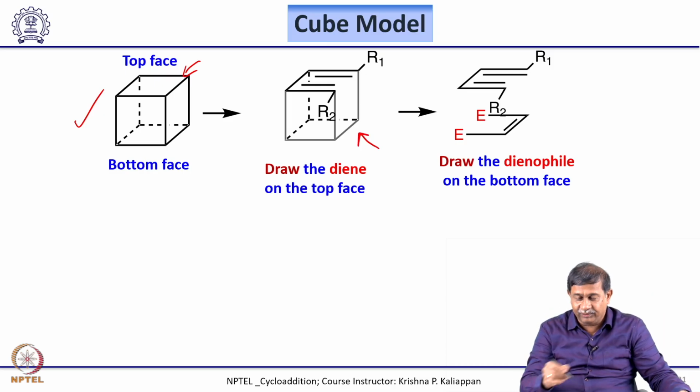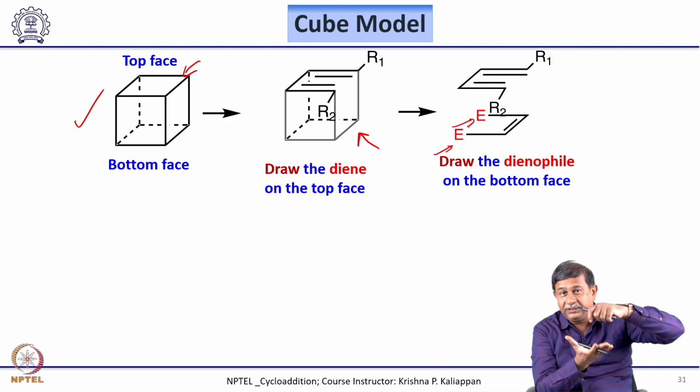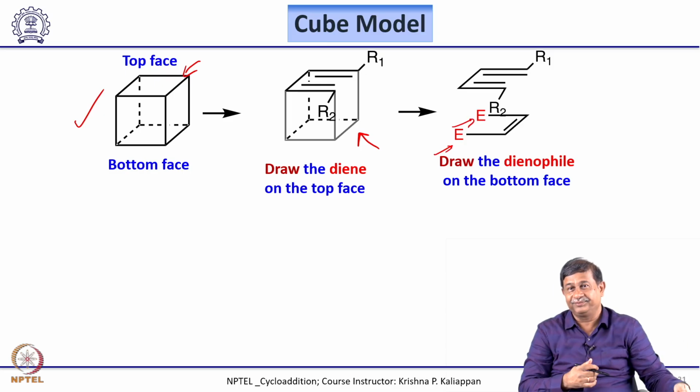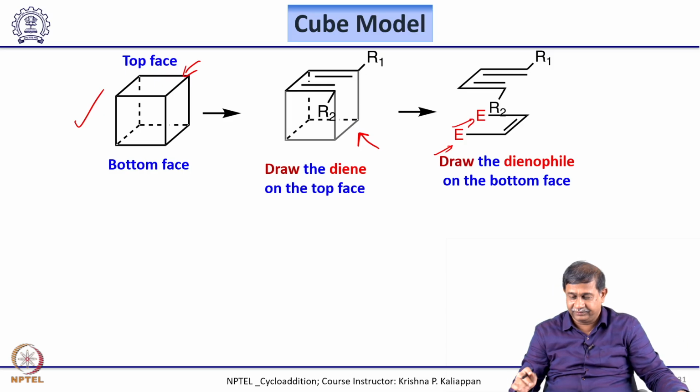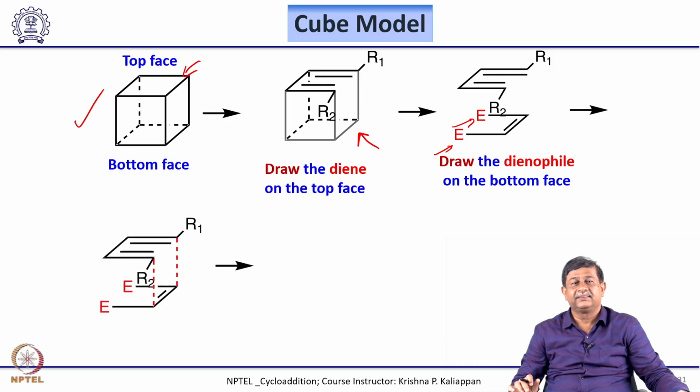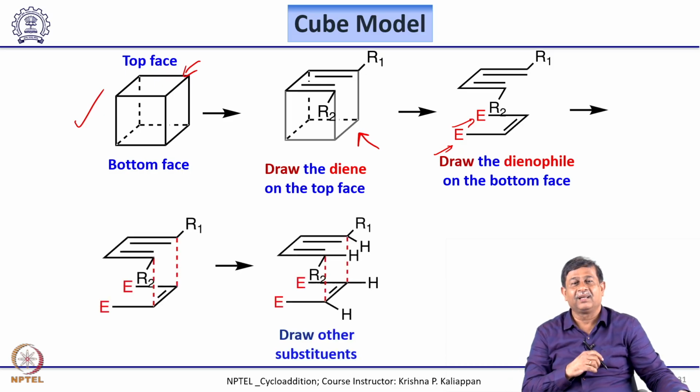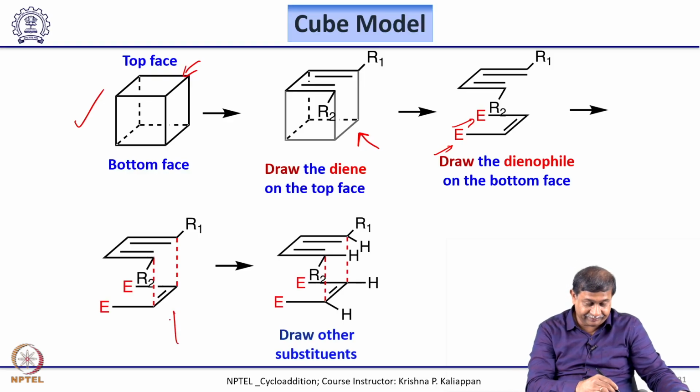Now, as I said, in a normal 4+2 cycloaddition reaction, you get the endo product. That means your electron withdrawing groups here should be just below the diene. Okay? So now, next is just to make the bond. When you make the bond, this is what the intermediate is, okay.